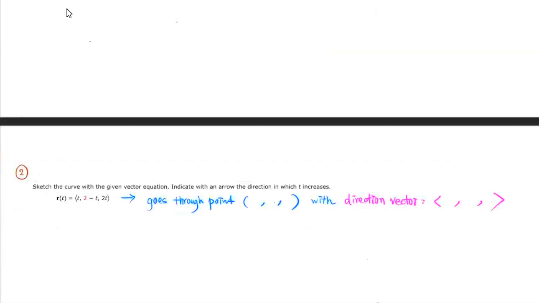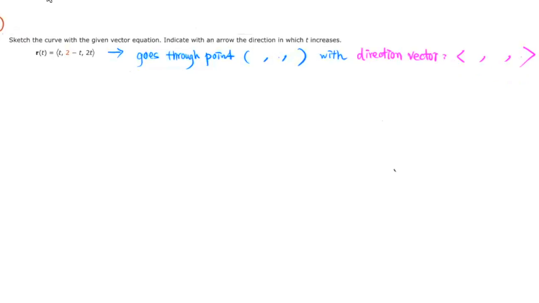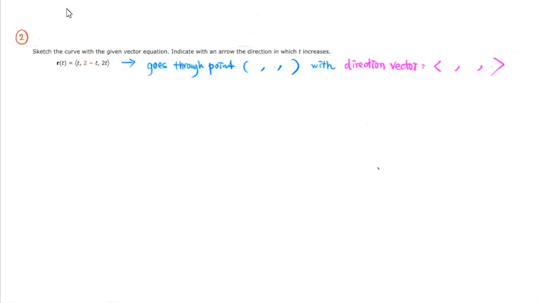Okay, let's look at the second one. I'm going to make it larger so you can see better. So r(t) is equal to t, 2 minus t, and 2t. Now, my question over here is, which does this one go to? Does it ring a bell?